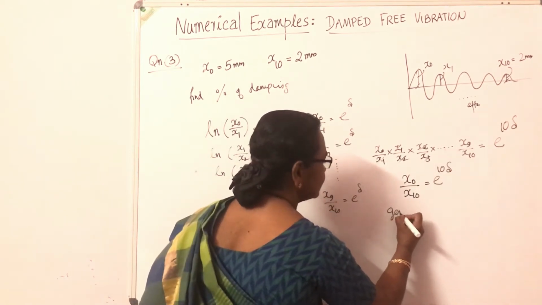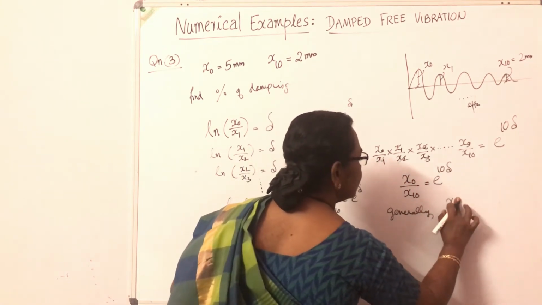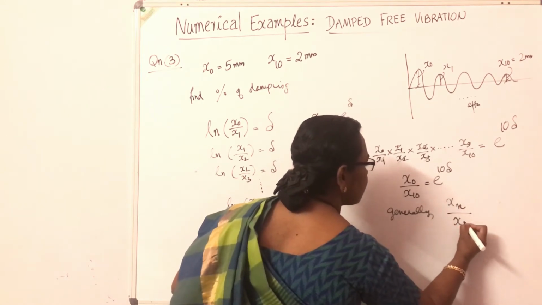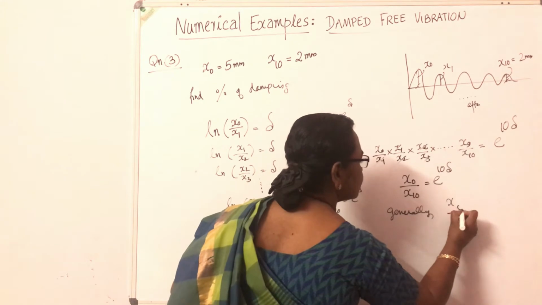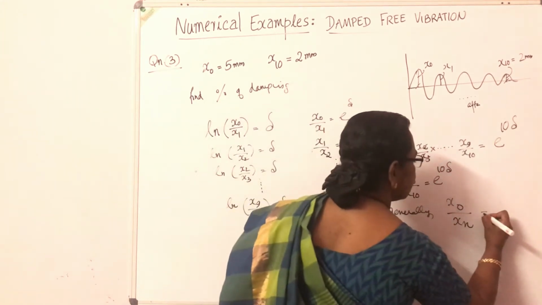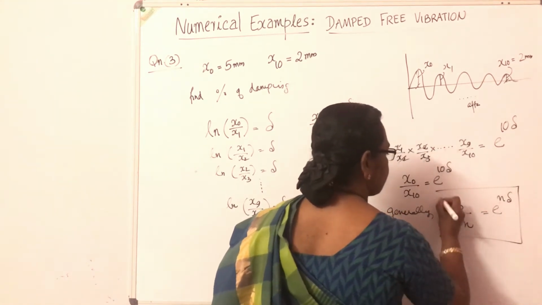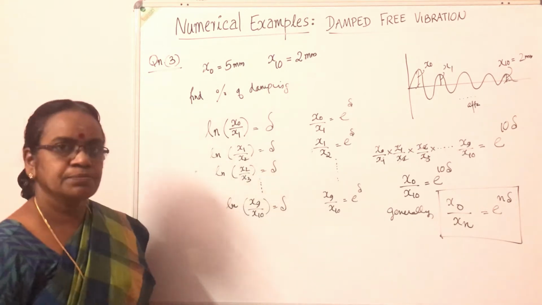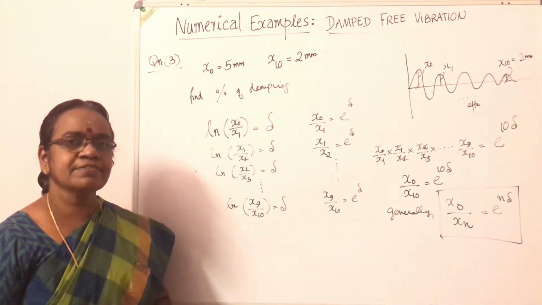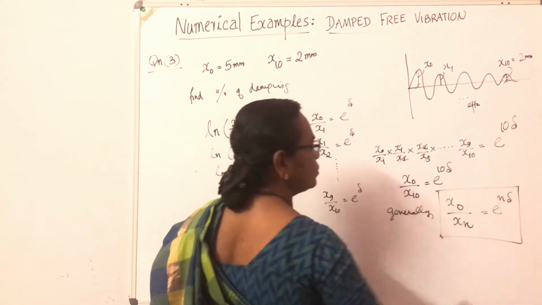Generalizing this, if xn is the nth amplitude and x0 the first one, then x0 by xn is equal to e raised to n delta. This is a general expression: if you know the first amplitude x0 and the amplitude after n cycles, x suffix n, then x0 by xn is equal to e raised to n delta.